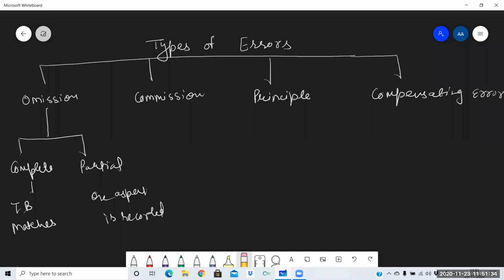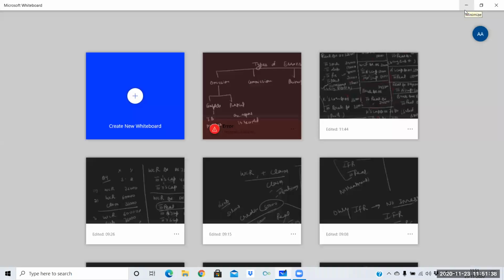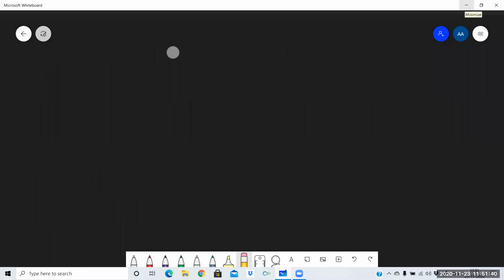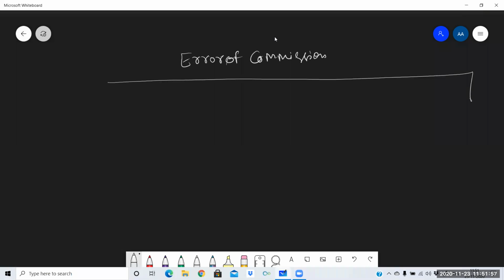Next is the error of commission. Error of commission is of four types. Which four types? First type, error of recording.